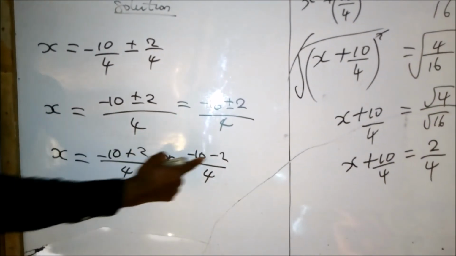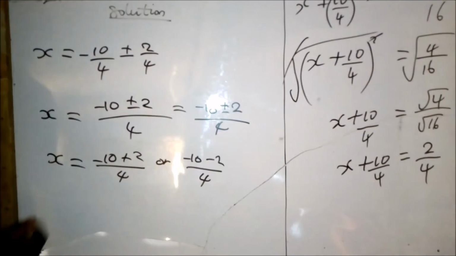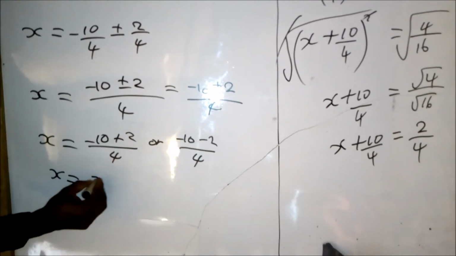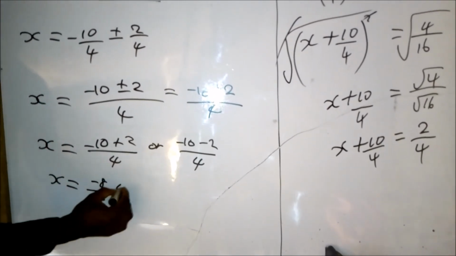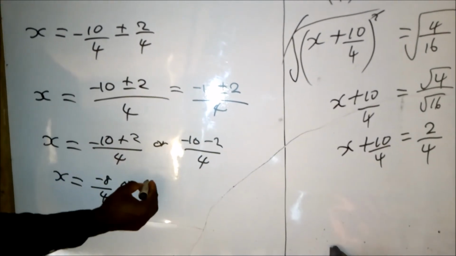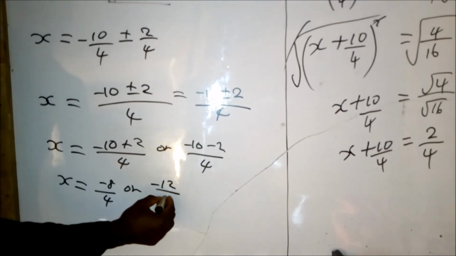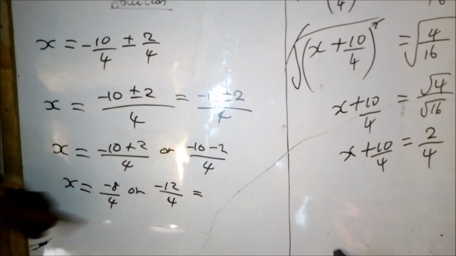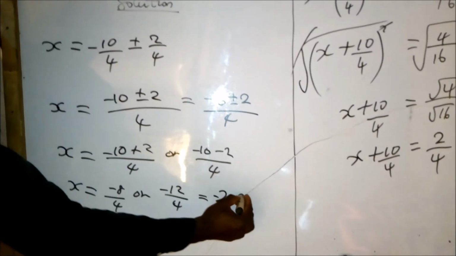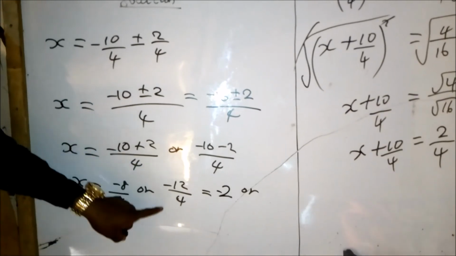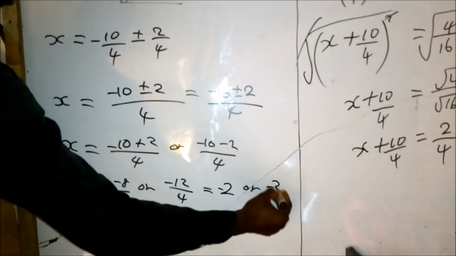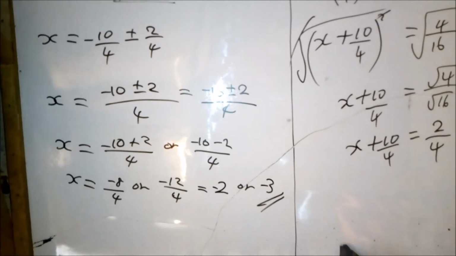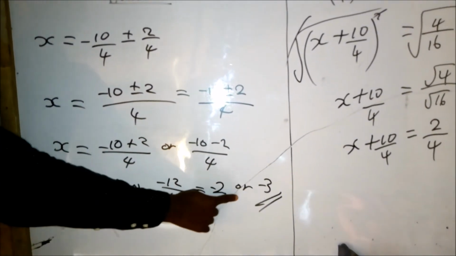So minus 10 plus 2 is minus 8, we have over 4. Here, minus 10 minus 2 is minus 12 over 4. And that will lead us to minus 8 over 4 is minus 2, or minus 12 over 4 is minus 3. So the roots of this equation here is minus 2 or minus 3.